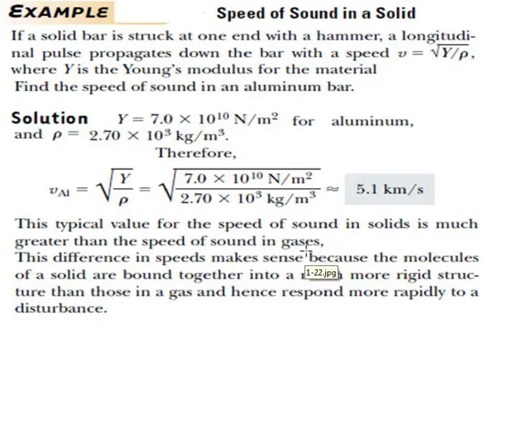As we already discussed, at 0 degree centigrade the speed of sound in air is 331 meter per second, and this is 5.1 kilometer per second, that is, 5,100 meter per second, while in air it is just 331 meter per second. So in a solid the speed of sound is about 17 times that of the speed of sound in air.